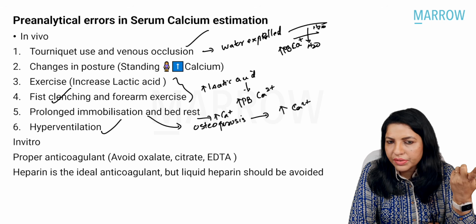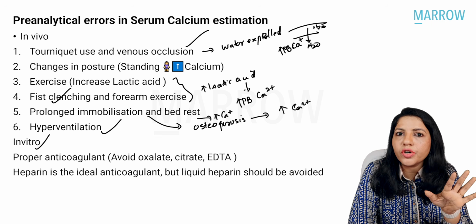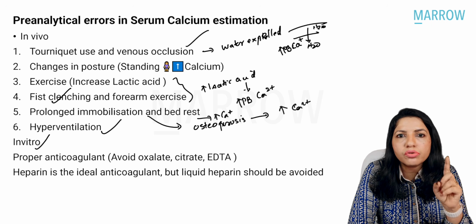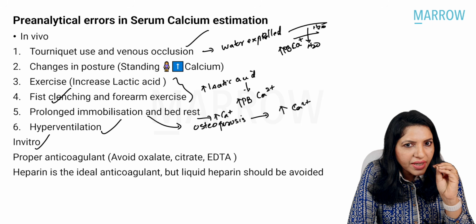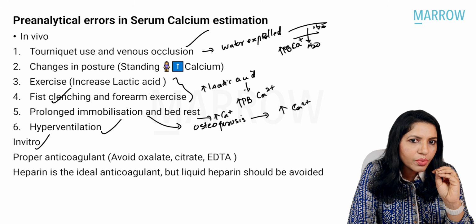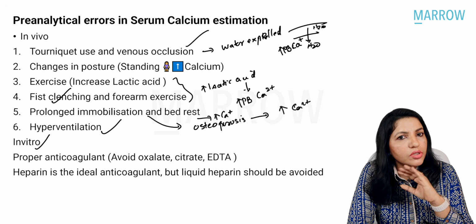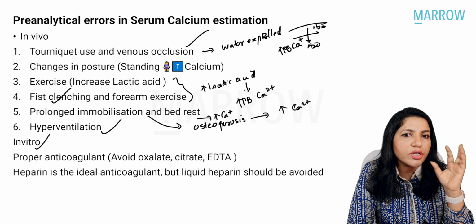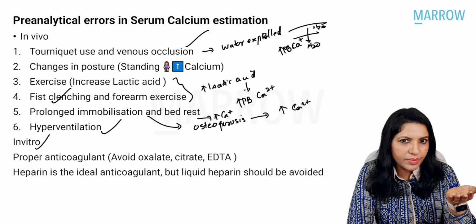Just like in vivo, there are certain in vitro errors that can happen. The most important one is the anticoagulant. You should choose the right anticoagulant for blood calcium estimation. For blood calcium estimation, the right anticoagulant is heparin. Again, it is not all heparin. Liquid heparin should be avoided, okay? But lyophilized heparin is advisable.